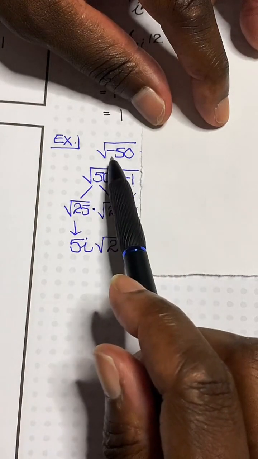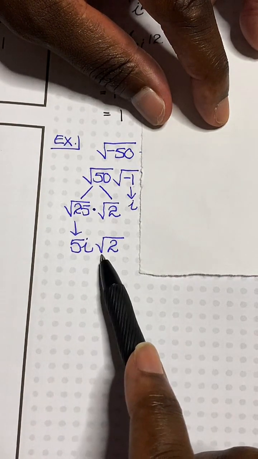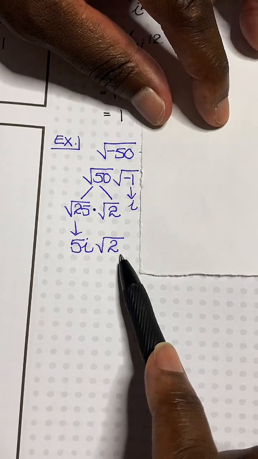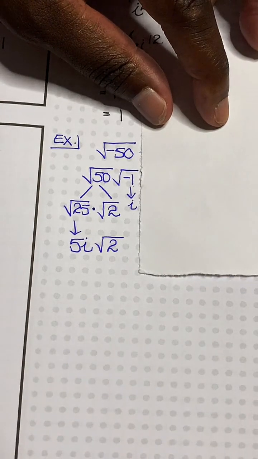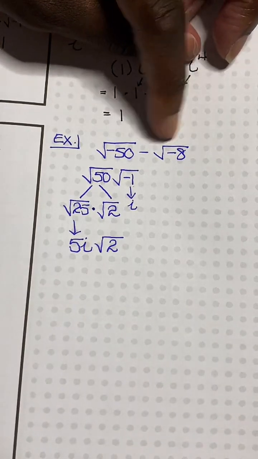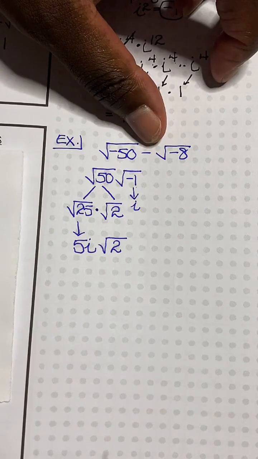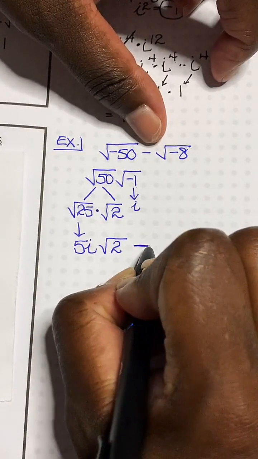So the square root of negative 50 is 5i times the square root of 2. But that's one side. Now we have to do the other side. This minus sign in between the two radicals, bring that all the way down.